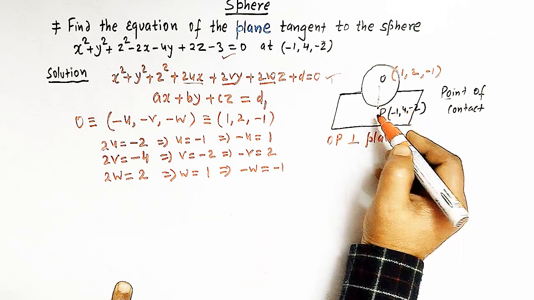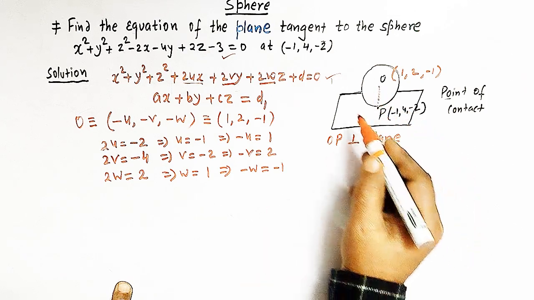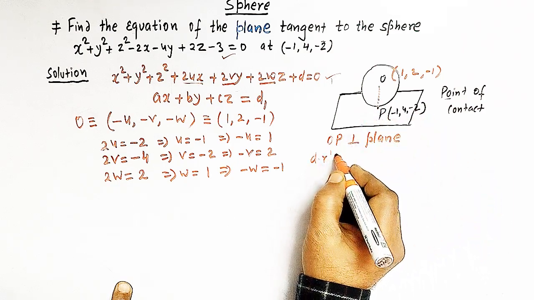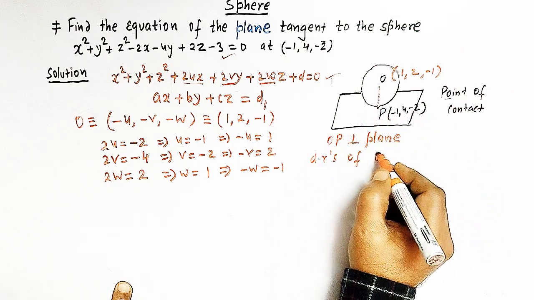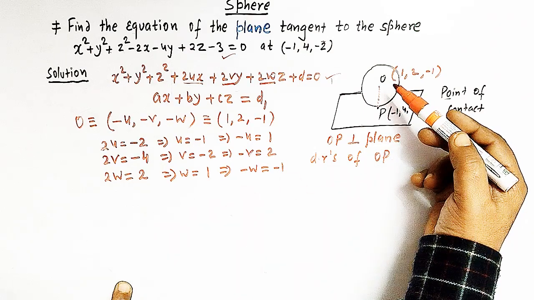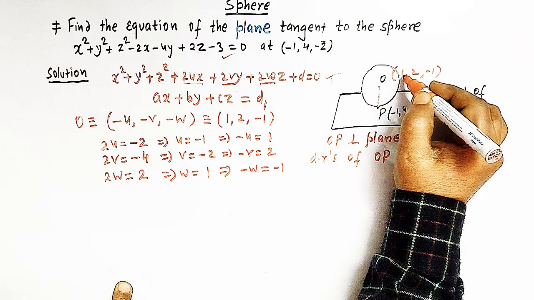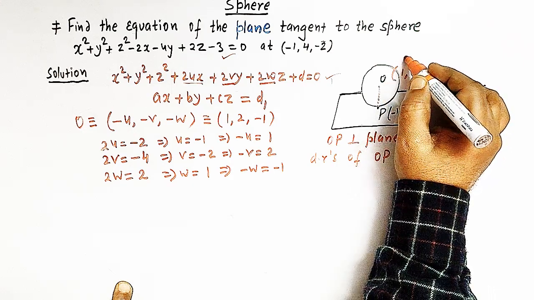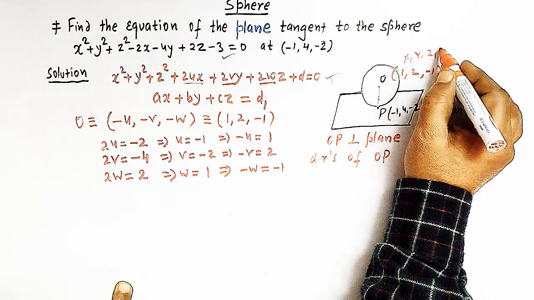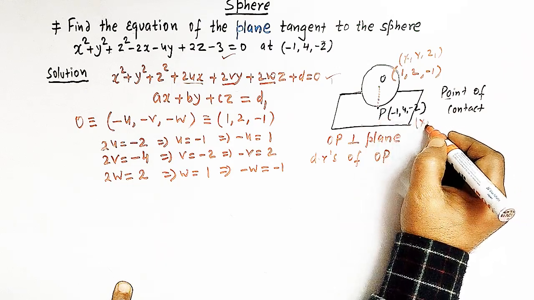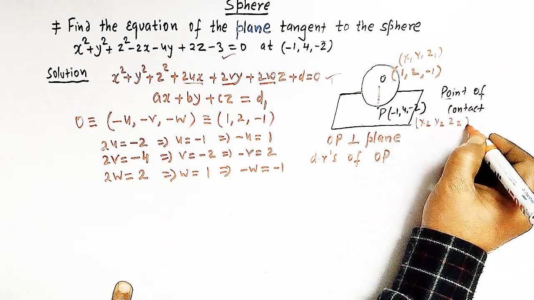So now OP is perpendicular to this plane. So let us find out the direction ratios of OP, right? So to get the direction ratios of OP, let us consider the point O as x1, y1, and z1, and the point P as x2, y2 and z2.